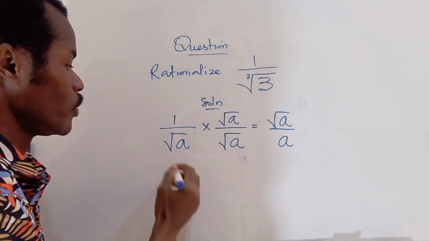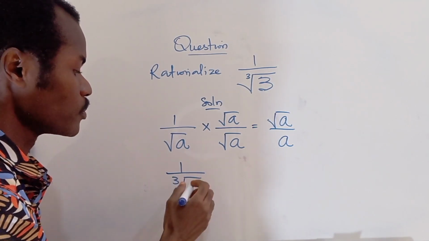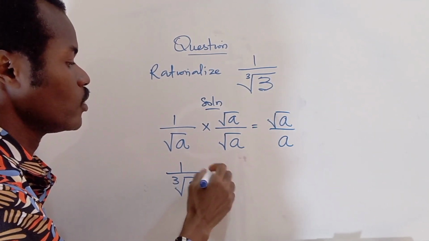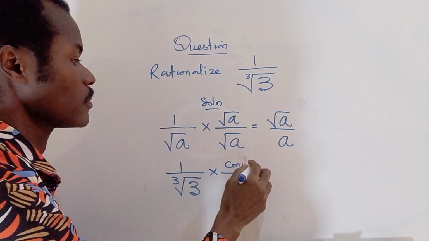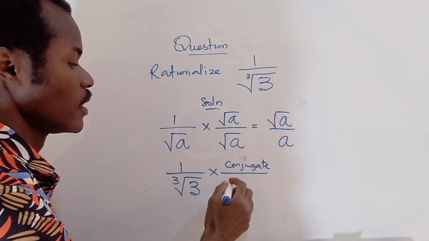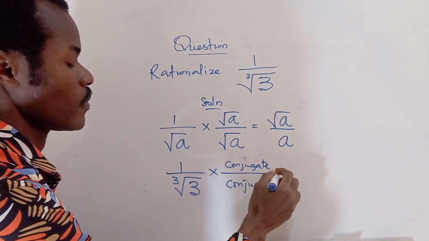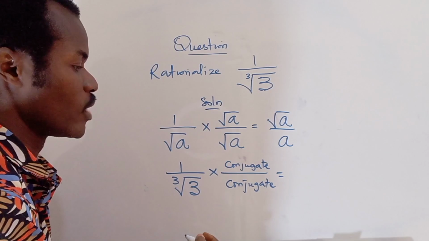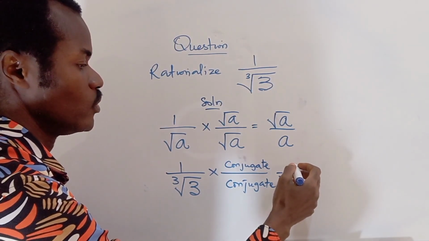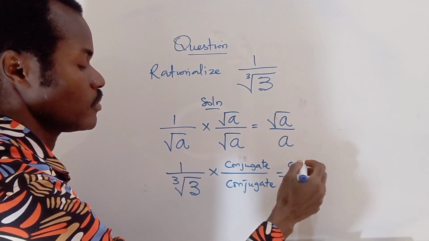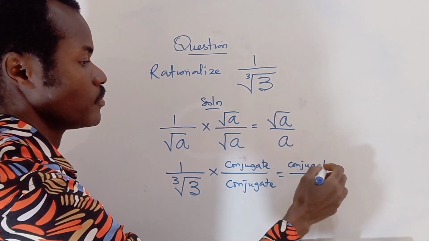Now for this, what do we do? We have 1 over the cube root of 3. So we are going to multiply by the conjugate, such that we have a value, let me call that value the conjugate, because 1 times the conjugate is going to give us the conjugate.